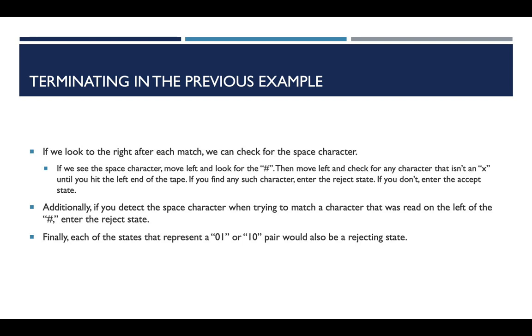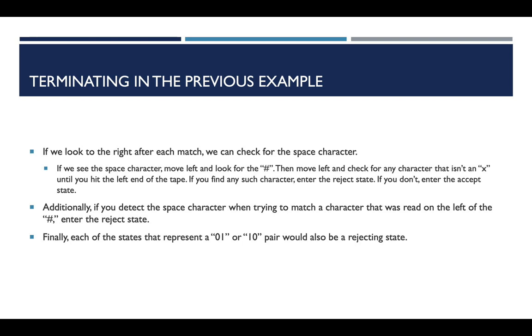If you see anything other than the space after you have processed all of the characters to the left of the pound sign, we would want to move to a rejecting state, because that would be the case where the W to the right of the pound sign is longer than the W to the left, which means the two W's can't possibly be equivalent.